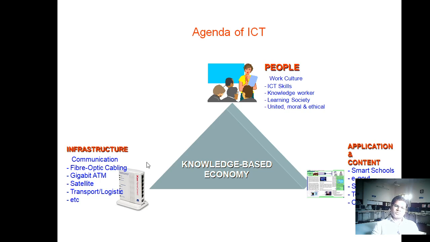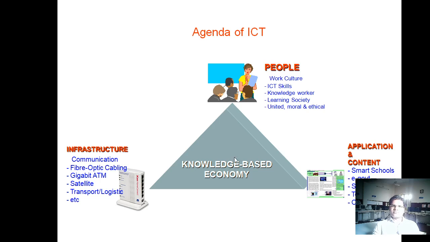When we come to infrastructure, there is communication, fiber optic cabling, gigabit ATM, satellite, transport logistics, etc. Means in the field of infrastructure and communication, we are using all these things in our day-to-day life. And at the application and content level, there are smart schools, e-governments, the smart card, telemedicine and others, so that the knowledge-based economy is there.